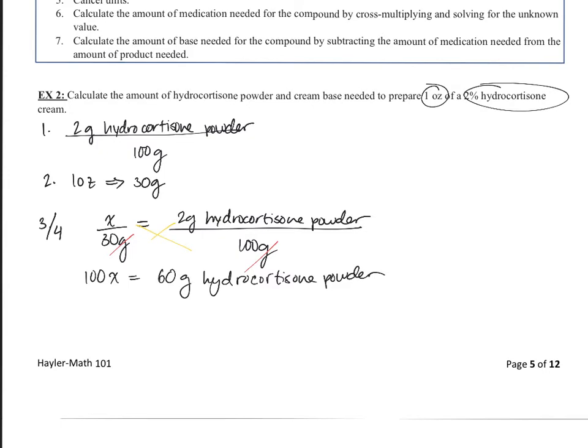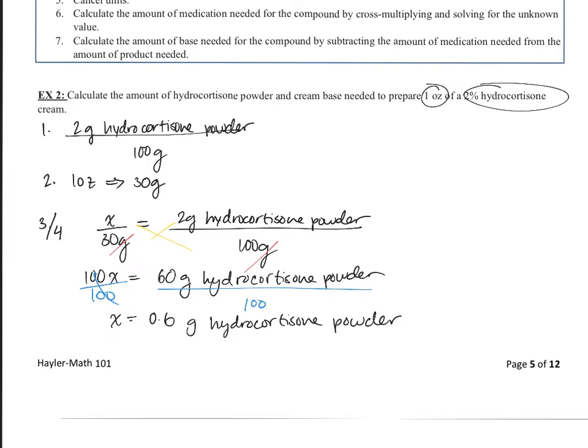Okay, then we can solve for x by dividing by 100. And we have solved for x, so x equals 0.6 grams of hydrocortisone powder. Oops, let me just write grams for G. Okay.